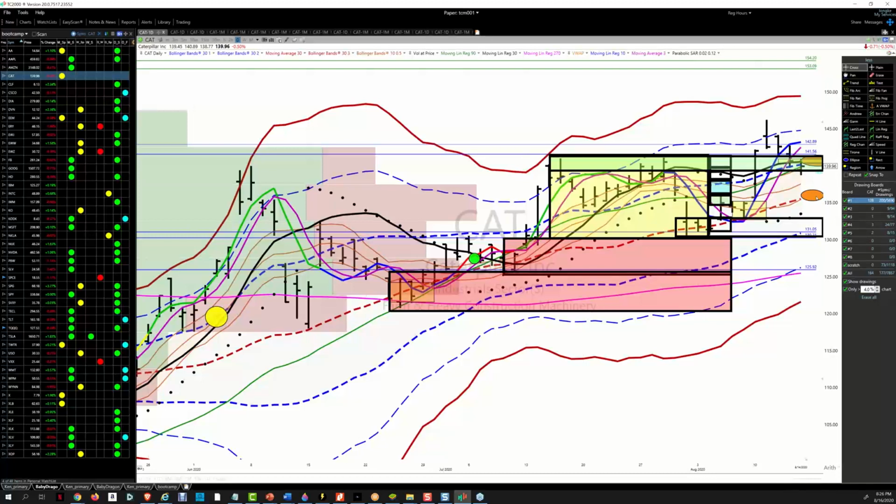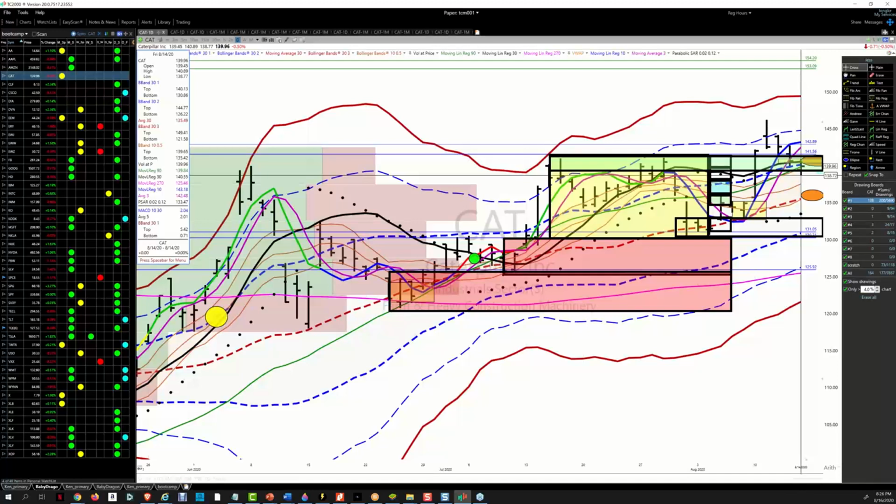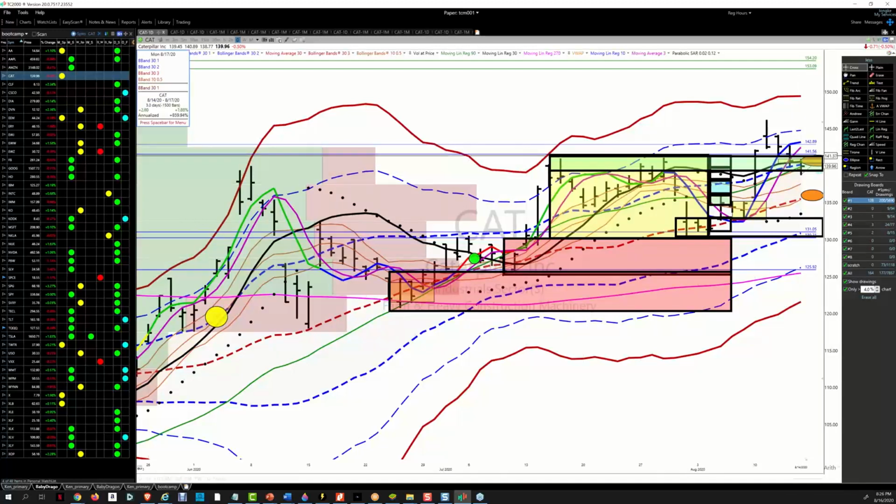So that's a move from 140 to 135. So that's $5. So if I can manage something like $1.50 of intraday risk on this, and I certainly can, because that's about 1%, then the intraday turbo move, if it broke down below Friday's low, which is about 138.72, and the high of the day is about 141.30, that's $1.50.